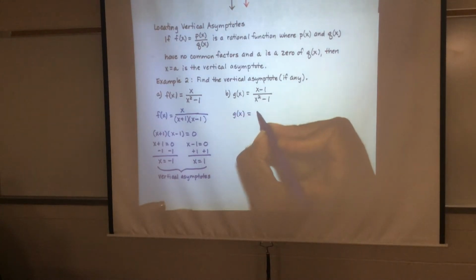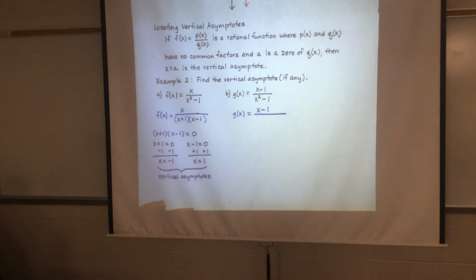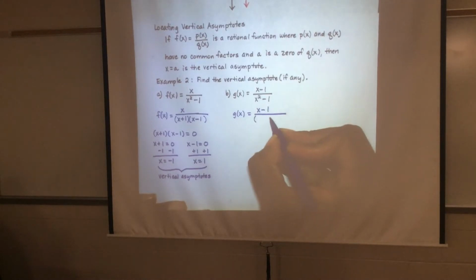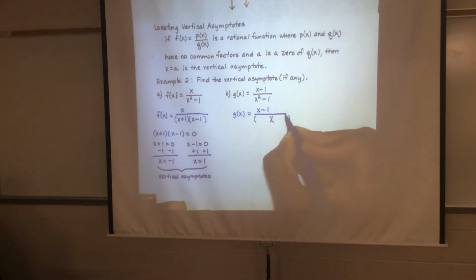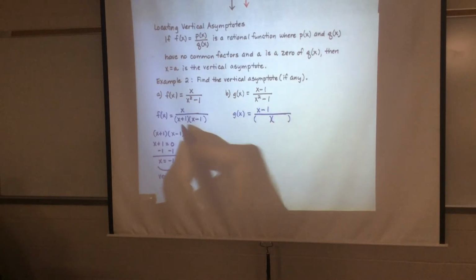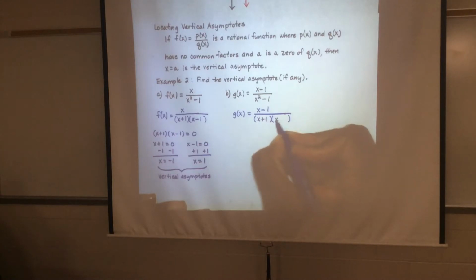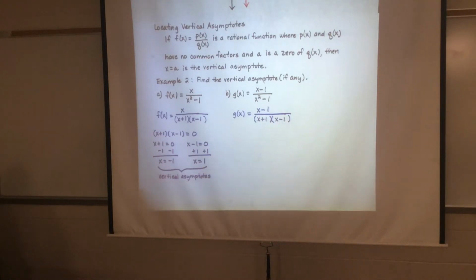Well, x minus 1 is already simplified. Can't do anything with that. The x squared minus 1, I can factor that out into two binomials just like I did with part A. X squared minus 1 is this right here, x plus 1 times x minus 1.